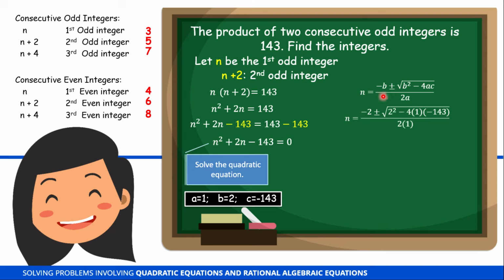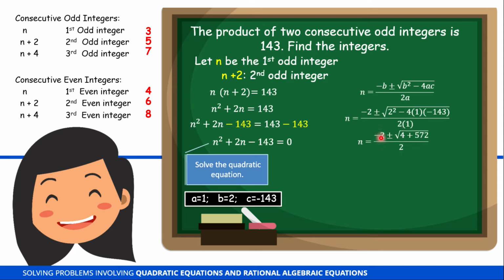N is equal to the negative sign of b, kopyahin lang natin, at ano yung b natin? Ang b natin ay 2. Plus or minus square root of b squared, so magiging 2 squared, minus 4a, ang a natin ay 1, times c, which is negative 143. All over 2a, ang a natin ay 1.